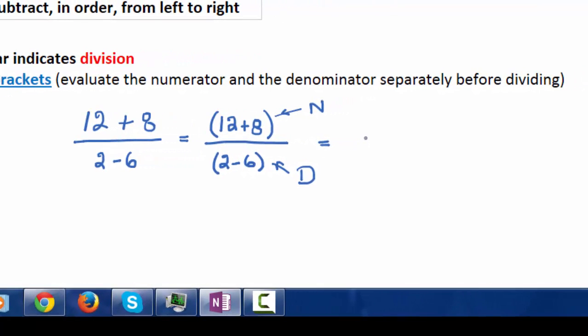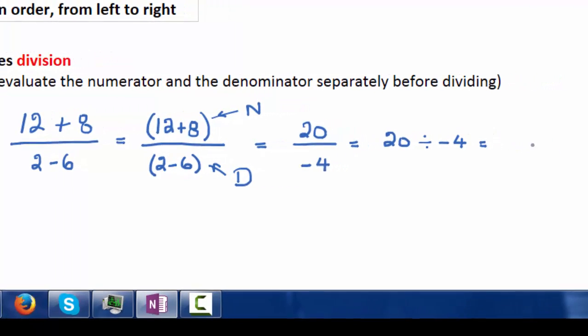So 12 plus 8 is 20, fraction bar, 2 minus 6 is negative 4. Now we transfer the fraction bar to division, so that means 20 divided by negative 4.